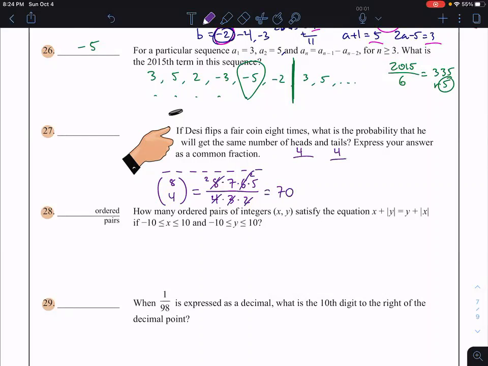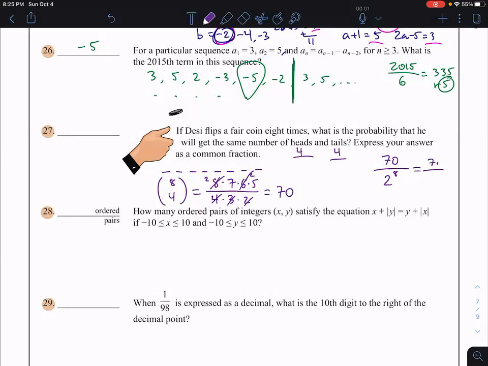And now we want to find the probability of actually getting this. So 70 will be our numerator, and our denominator will be the total number of ways he can flip, and that's just 2 to the power of 8, since every time he flips a coin, he only has 2 outcomes.